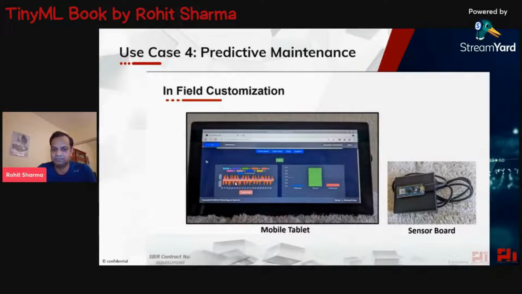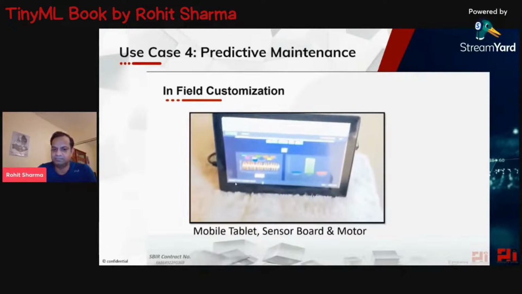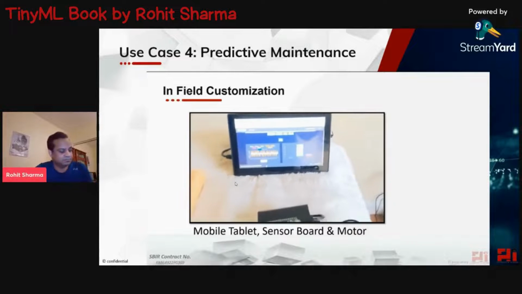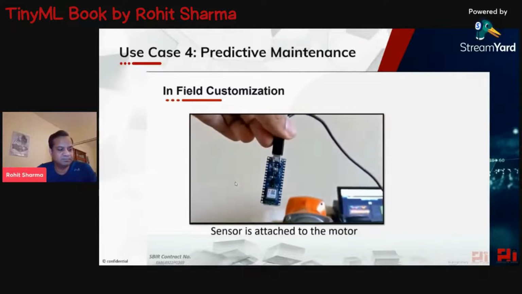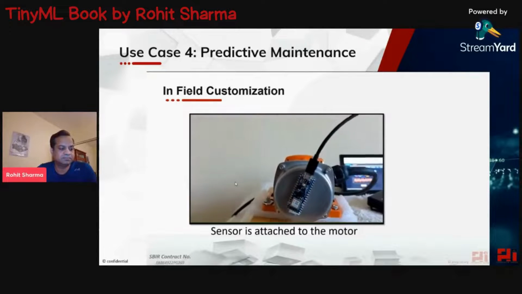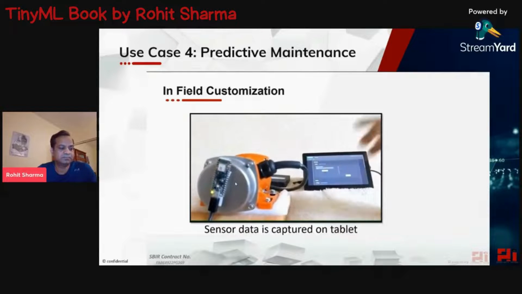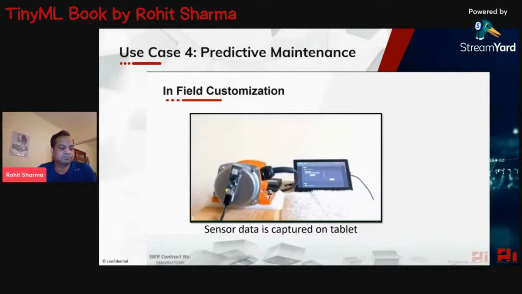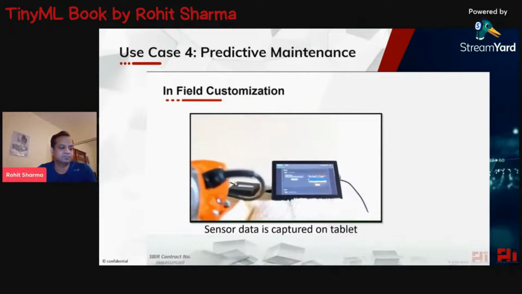The solution consists of a sensor board and a mobile tablet. Sensor board is attached to the motor. Sensor data from the motor is captured on the mobile tablet using BLE or USB.